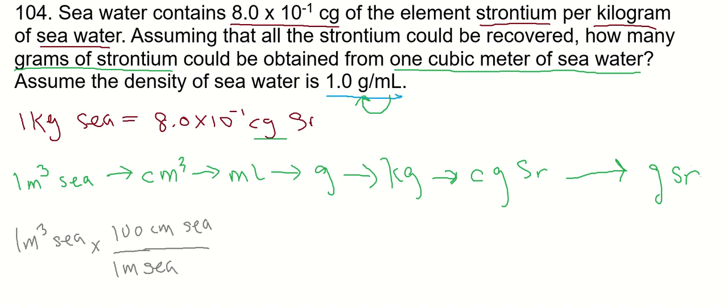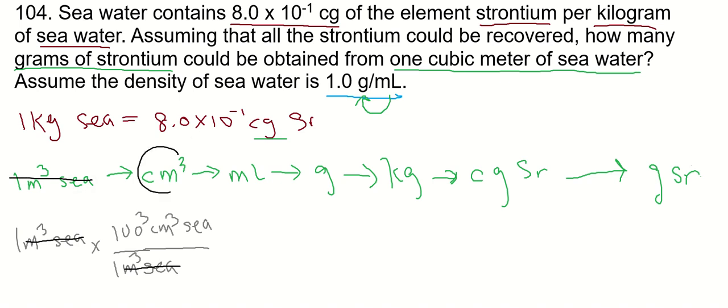Now we have to cube the whole entire conversion factor. Cube, cube, cube. We're not going to cube the 1 because it's still a 1. Now let's cross these units out. That's gone. That's gone.